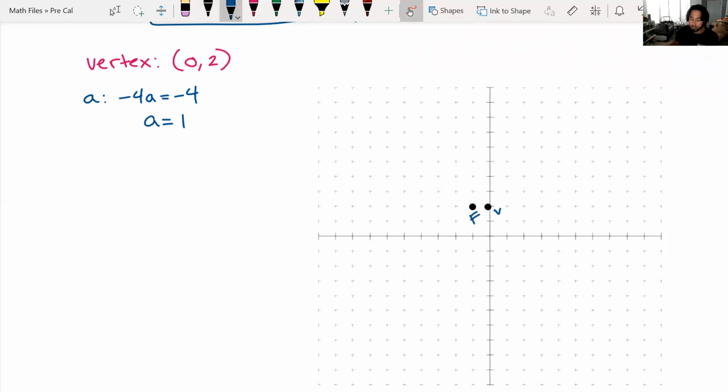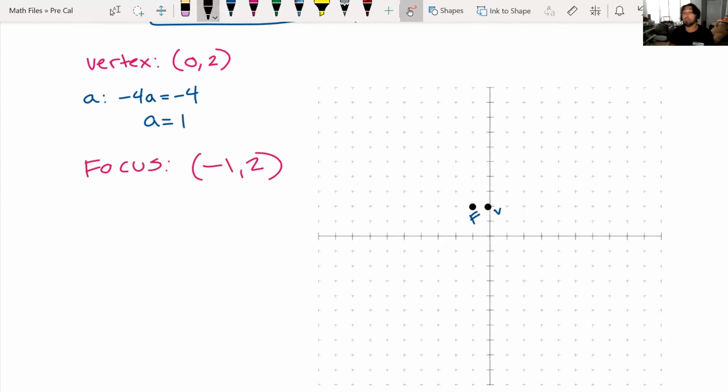Let's go ahead and write that down on the left side. The focus is at negative 1, not 1, negative 1, 2.